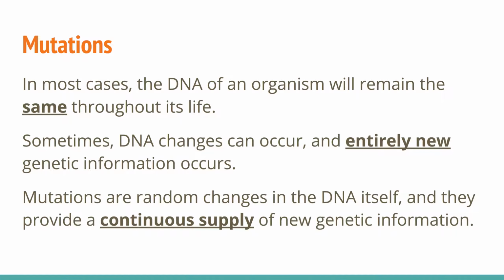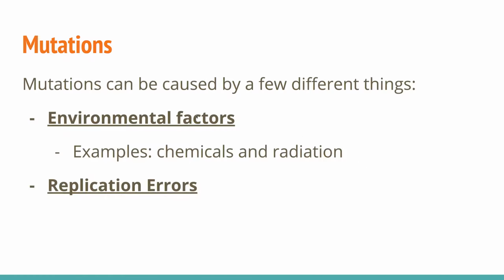Mutations are random changes in the DNA itself, and they can provide a continuous supply of new genetic information. Mutations can be caused by a few different things. Environmental factors, for example chemicals or radiation. Or replication errors. When each new cell is being made, it has to copy the genes from the previous cell so that it has the same genome as the original one.